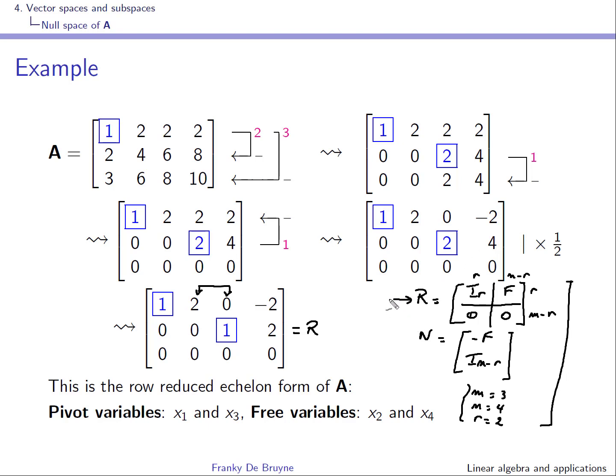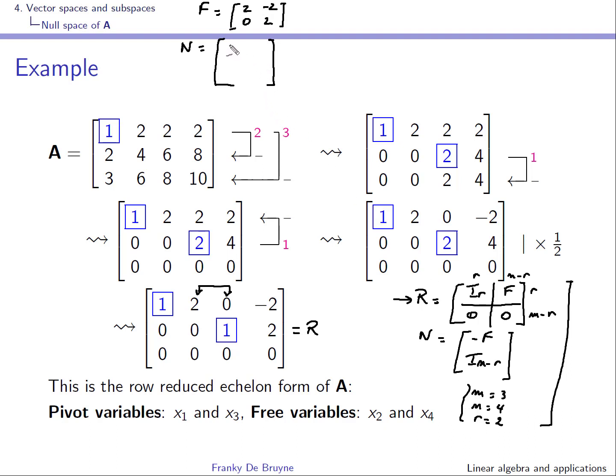Okay, so we can construct our intermediate N, looking at F. Well, F in this case will be 2, minus 2, 0, 2. So N will be minus F with an identity matrix of dimension N minus R, so 2.